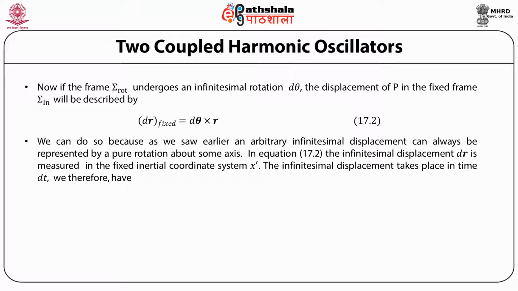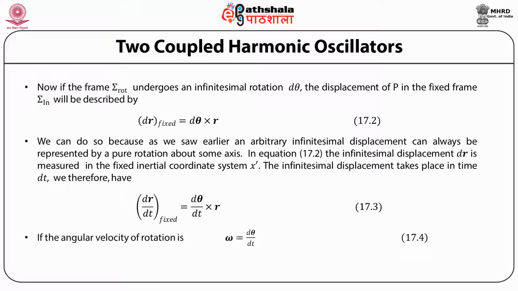In this equation, the infinitesimal displacement dr is measured in the fixed inertial coordinate system x prime. The infinitesimal displacement takes place in time dt. Therefore, dr by dt in the fixed frame is equal to d theta by dt cross r. If the angular velocity of the rotation is omega, which is equal to d theta by dt, then we have dr by dt, that is the velocity in the fixed frame, equal to omega cross r.